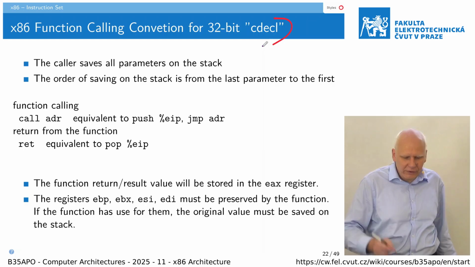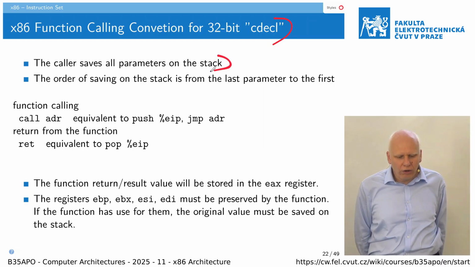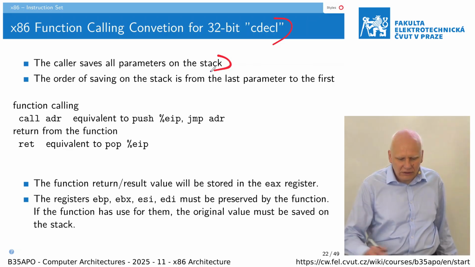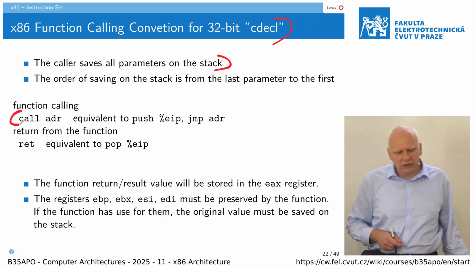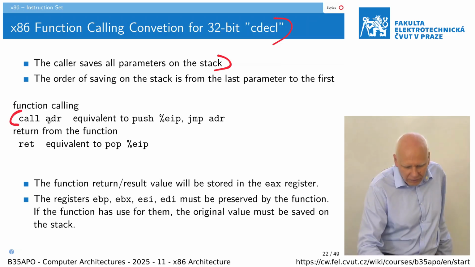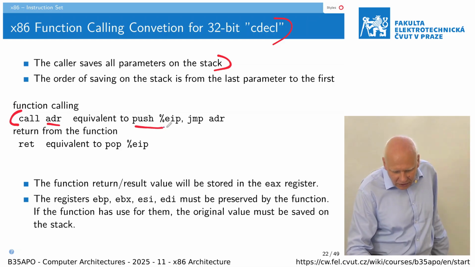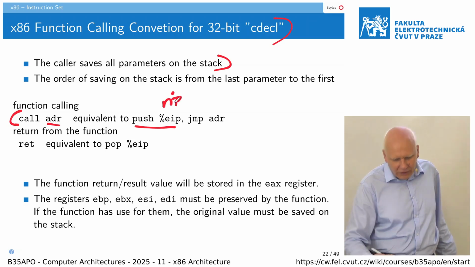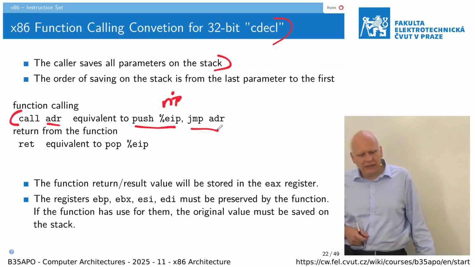So be careful, it is important that in the 32-bit mode, all parameters of the function are stored on the stack, and not only the arguments, but even the call instruction, which calls the function, pushes the EIP, or RIP, to the stack, and then jumps to the start address of the function.